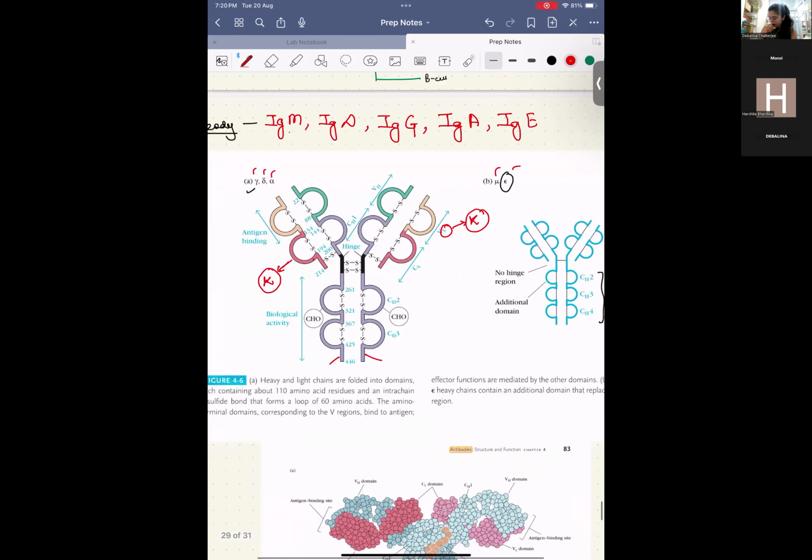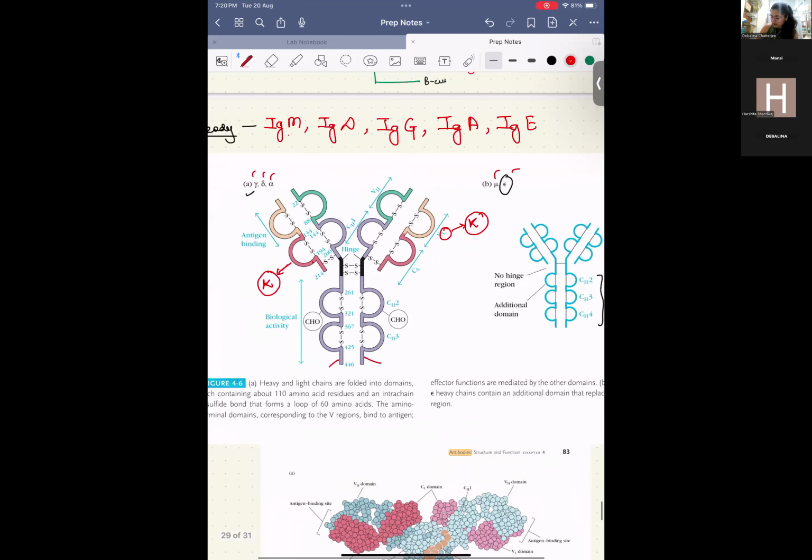Apart from that, the variable region, we understood very well, is your antigen binding region, but it's not that the constant region has no role to play. These are the domains for biological activity. If you remember from the last to last class, we discussed certain effector mechanisms that antibodies can bring about, like opsonization, neutralization, and complement activation.